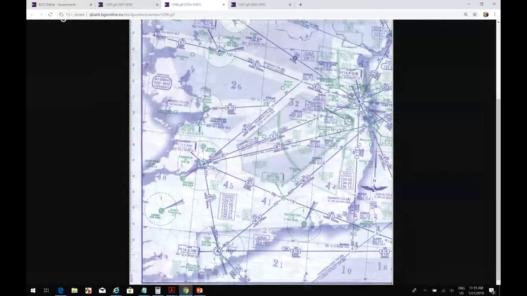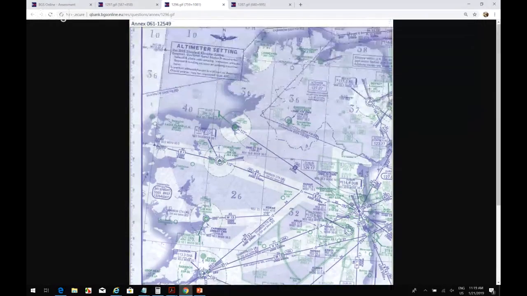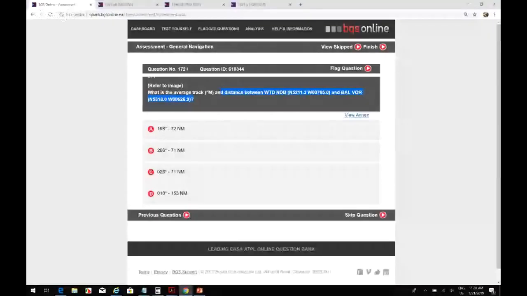There's Waterford. There's Cork, Kerry, Shannon. Bal, where are you? It's not Belfast. Where's Bal? Bal is 5211.3, 705.